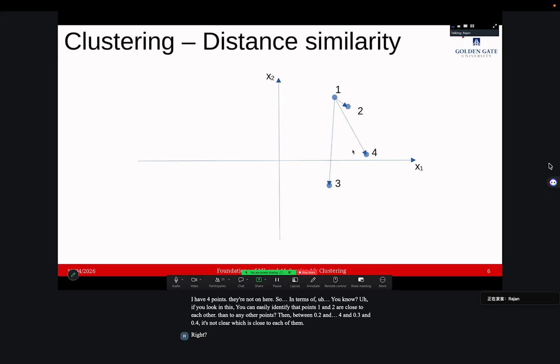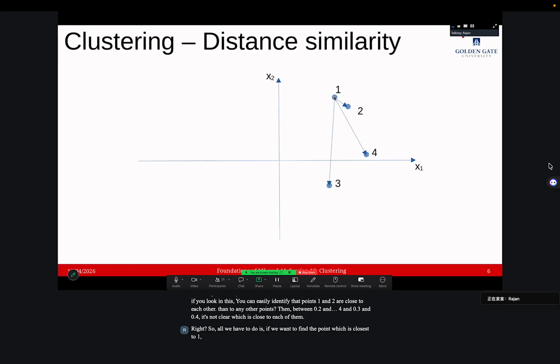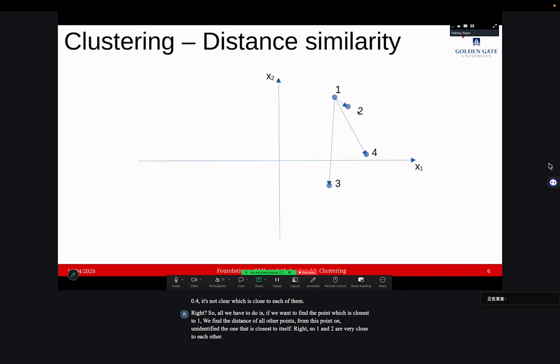So if you want to find the point which is closest to 1, we find the distance of all other points from point 1 and identify the one that is closest to it. So 1 and 2 are very close to each other. This distance we have to find. That's all. If you can calculate this distance, the problem is solved. We find a similarity.